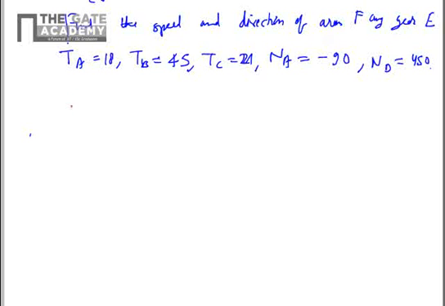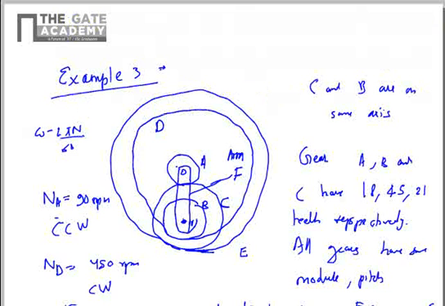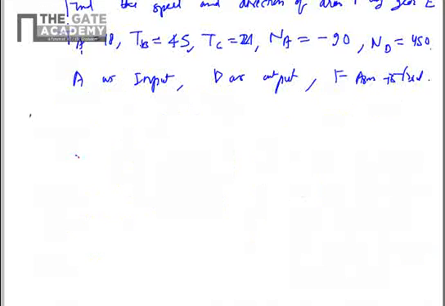For determining the gear ratio, considering A as input, D as output, and the arm F fixed, we have to know the number of teeth on gear D. We know A, B, and C. We don't know D. So this we will get from the radius identity. Since the module is the same, the number of teeth is proportional to the radius. This is RA and this is RC. This much distance is RC, and then we have RB.